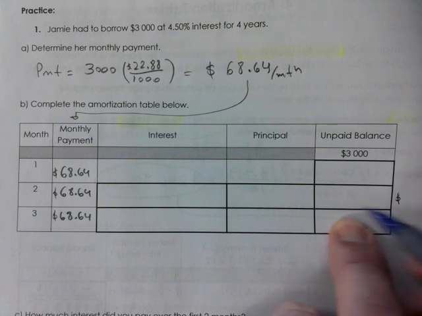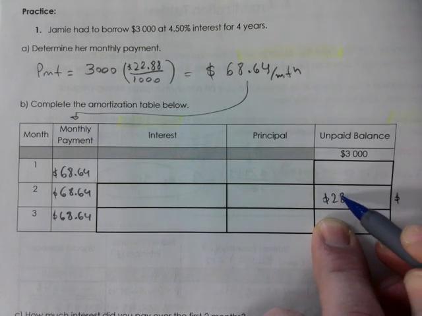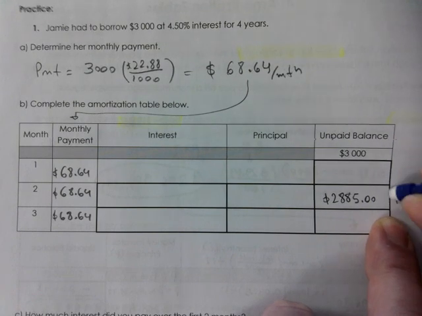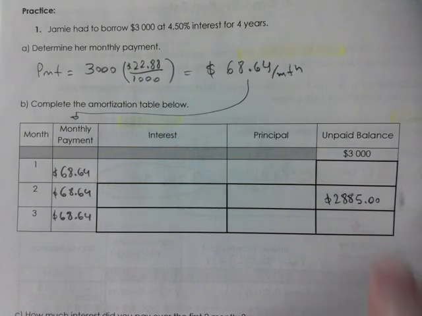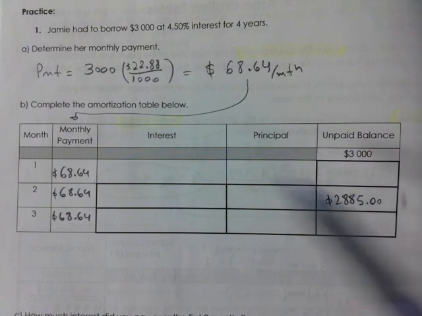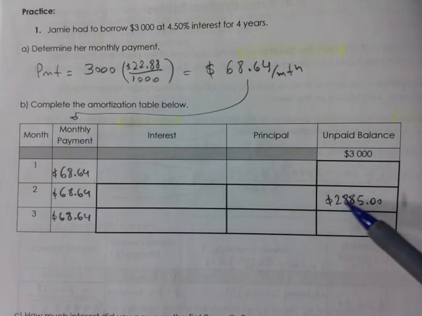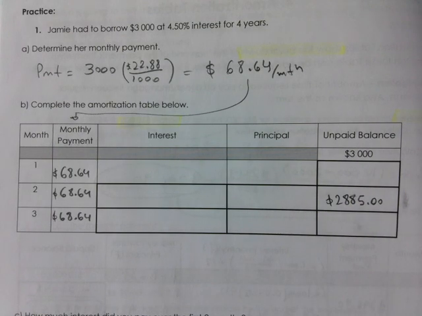At the end of the second year, this number right here is supposed to be 2885. But make sure you actually get it. Don't just be like, look, I copied it. That's what I got, right? So do the first year and then do the second year and see if you can get that number for now, okay? Give it a try.